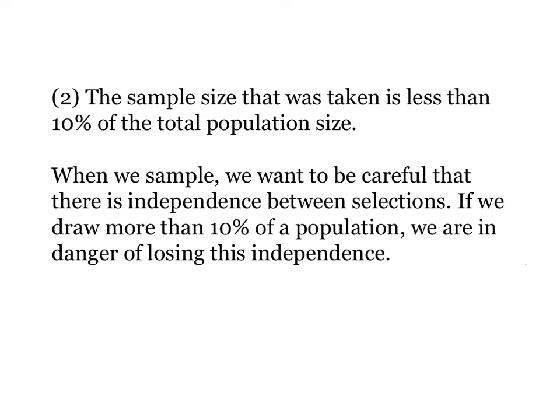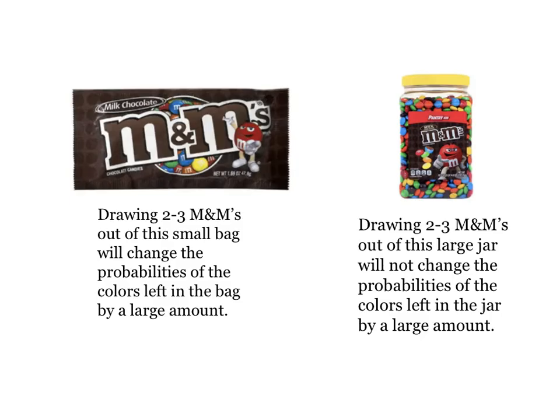So in statistics, what they decided is that as long as you draw less than 10% of the total population in your sample, we can still assume it's independent. For example, let's say I'm drawing M&Ms from this bag on the left, the small fun size bag. Maybe there's 15 M&Ms in the bag.